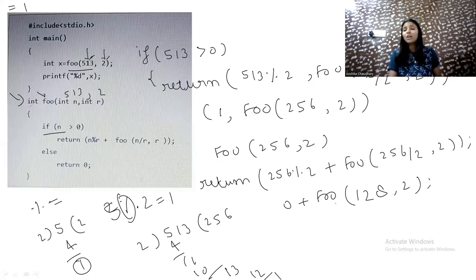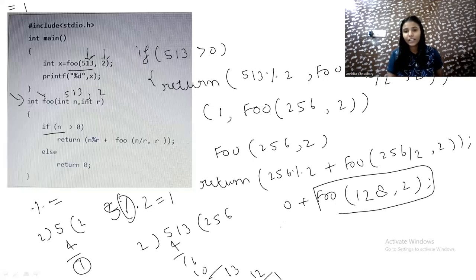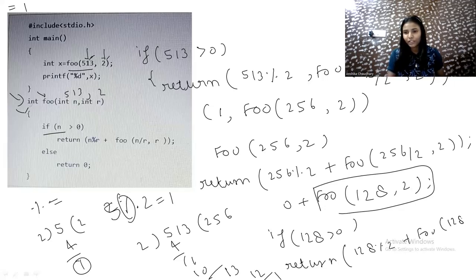Now from here we again call the function for these parameters. Again we come here and check if n is greater than 0. We check if 128 is greater than 0. Yes, it is, so we return 128 modulus 2, plus again we call the function with 128 divided by 2, comma 2. Whenever we divide any even number by 2, we get remainder 0, right?